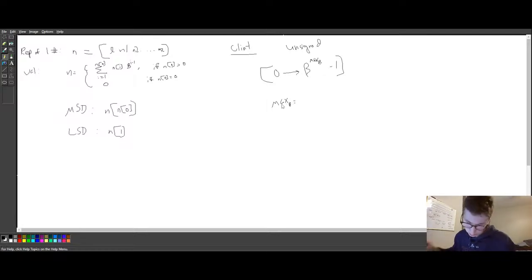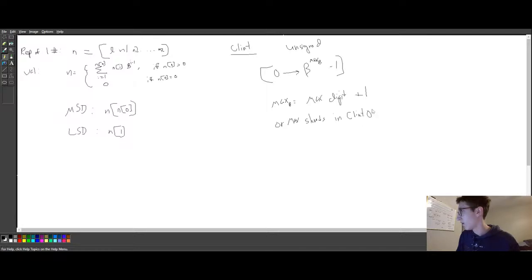We said this was the maximum number of shorts, so it's max digits plus 1, or max shorts in a CLINT object.